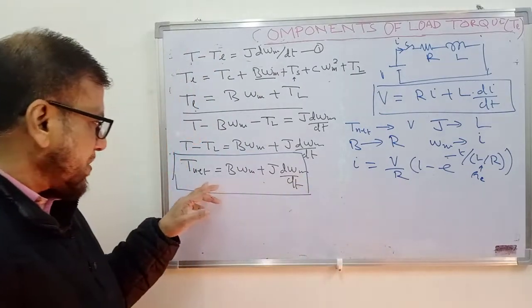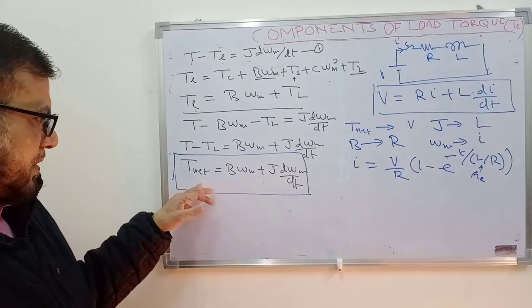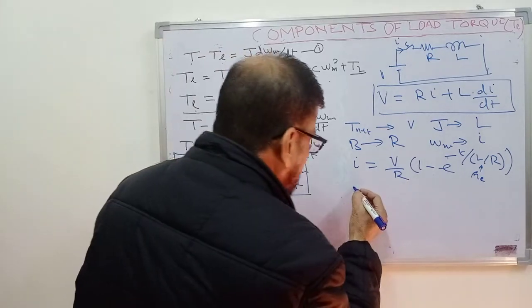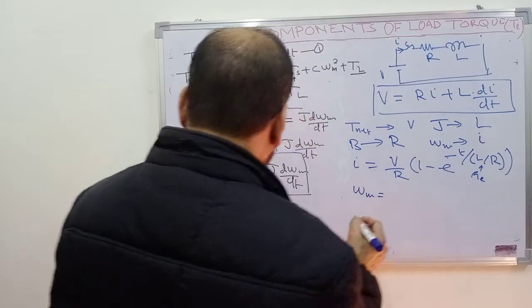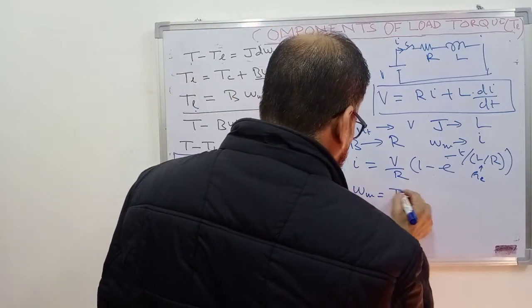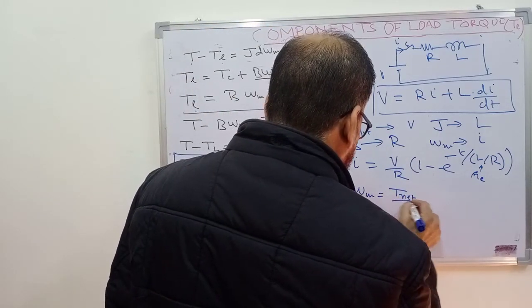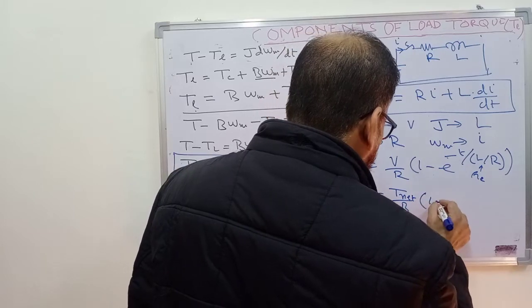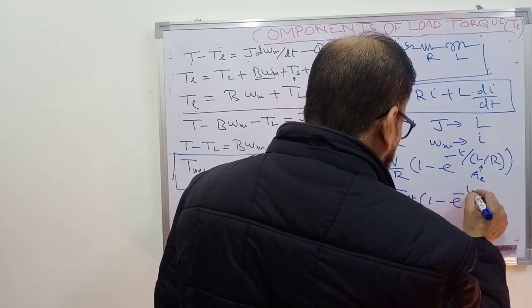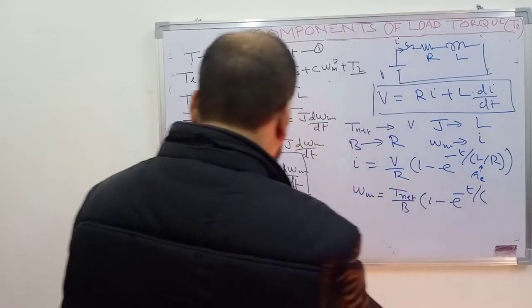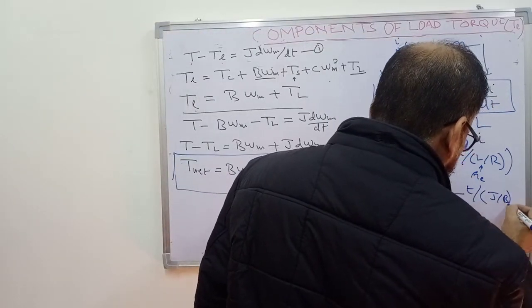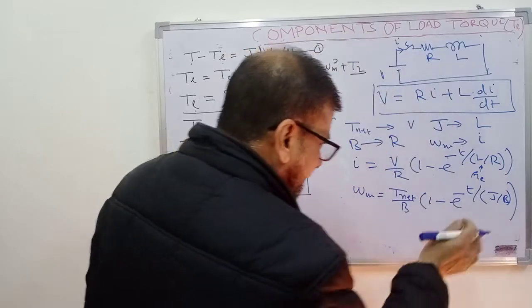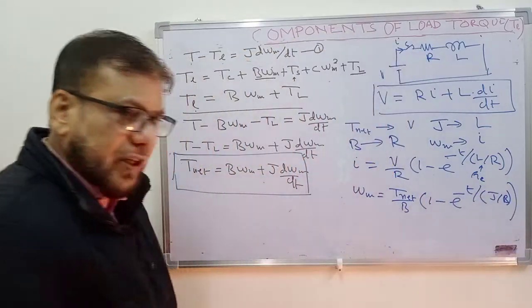Similarly, you can write the solution of this equation as omega m is equal to T net upon B times 1 minus e to the power minus t upon J upon B. Again, this J upon B is a constant.